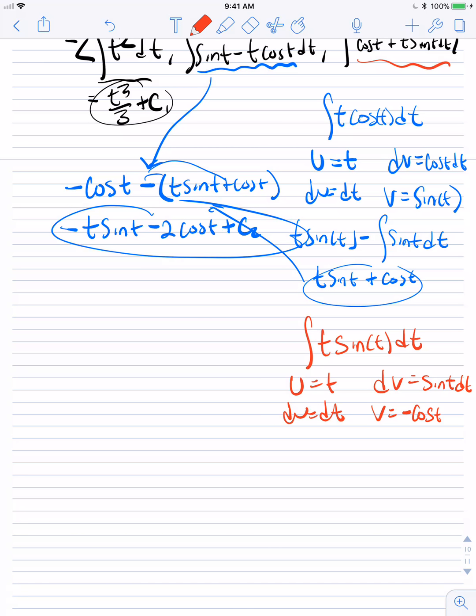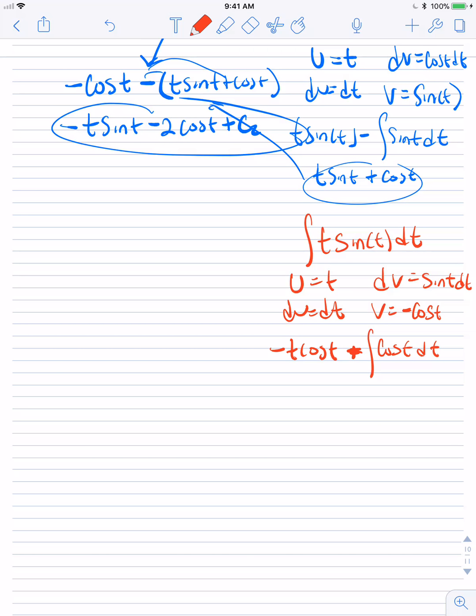So we do our u times v, which is negative t cosine t, minus the integral of v du. There's a minus sign here, so now I'm just going to change this to a positive, bringing that negative sign out. Cosine t dt. The integral of cosine would be sine, so negative t cosine t plus sine t.